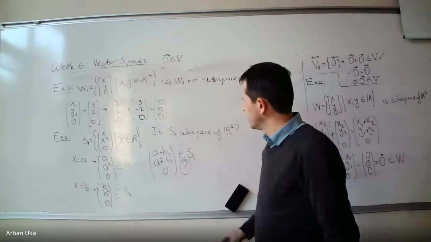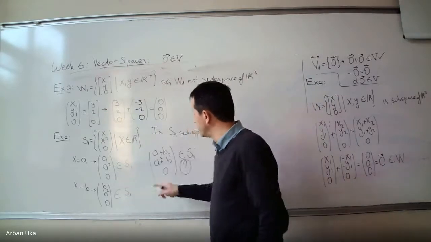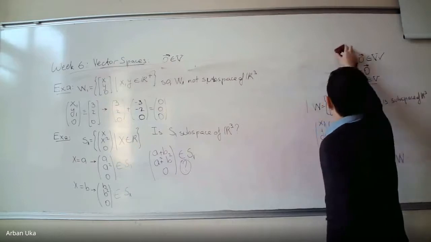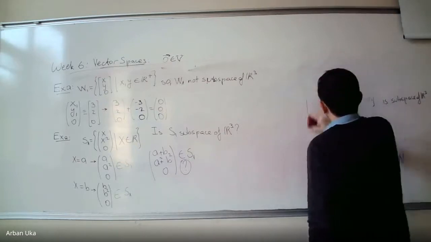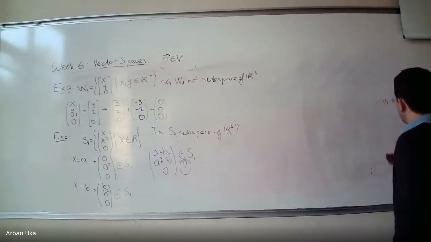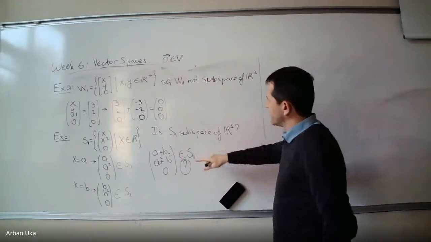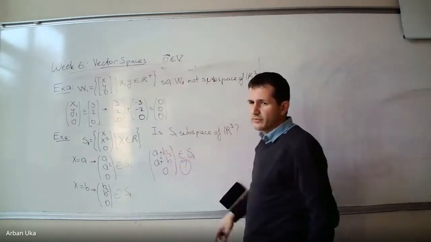Is the summation of these two vectors in S1? Yes or no? No. Why? Because the second entry is not the square of the first one.